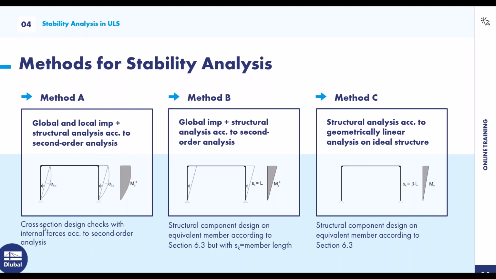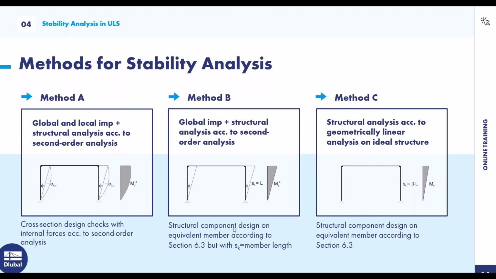And then you can do the cross-section design checks with the internal forces. Method B: global imperfection, meaning only the initial sway imperfection. And then the structure analysis according to second order analysis.